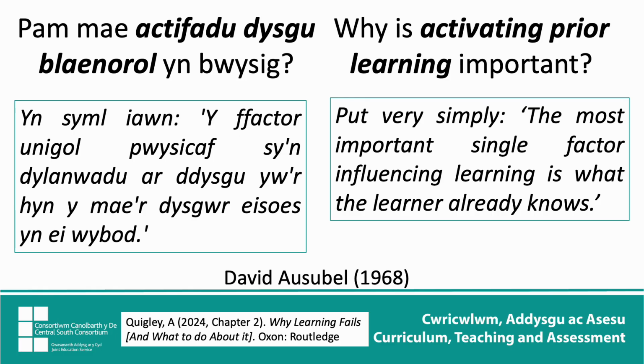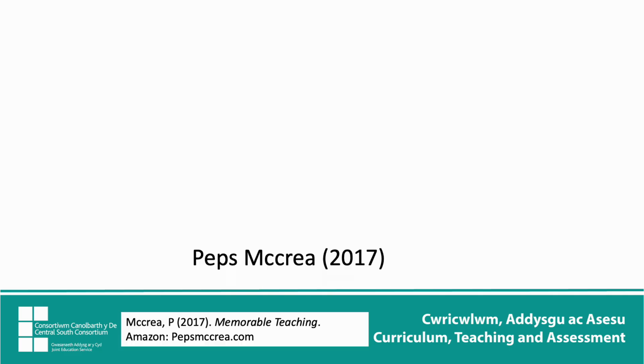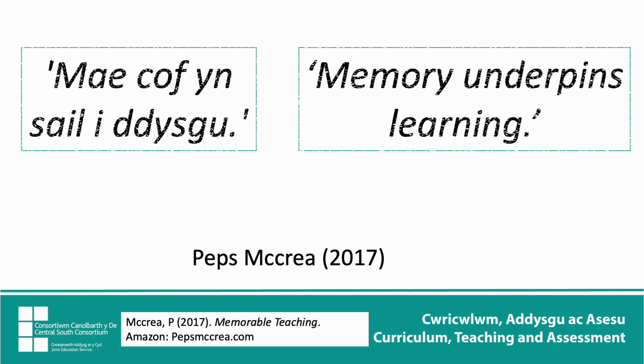In order to fully appreciate why activating prior learning is so important, we first need to understand just how learning happens. Peps McRae, in his 2017 text, Memorable Teaching, succinctly sums up the role of memory in learning.